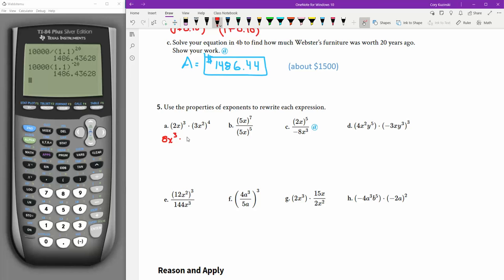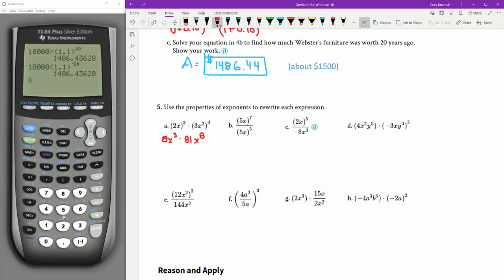So it's going to be 3 to the fourth power. Oops, that's not right. 3 to the fourth power is 81. Let's try that again. I was doing 4 to the third power. And then x squared to the fourth power. X squared times x squared times x squared times x squared. That's x to the 8th. So we multiply the 2 times the 4.